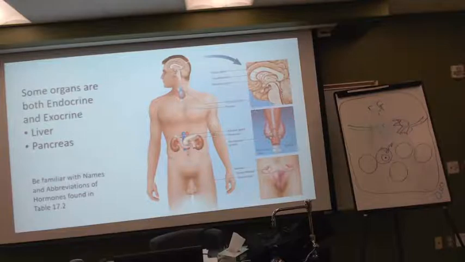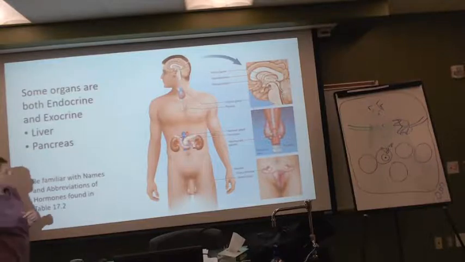That's how unique it is. So we're just going to hit and miss it. The pancreas, like I said, we're going to see it in another system also, the digestive system, because of the fact that it does both endocrine and exocrine.